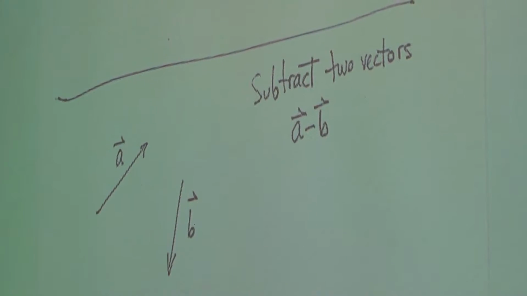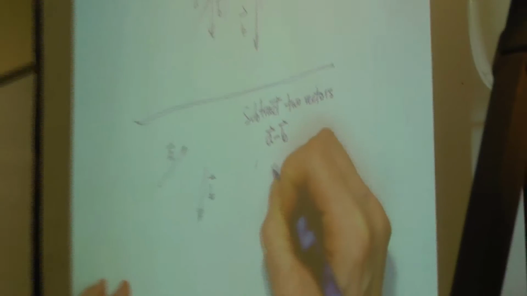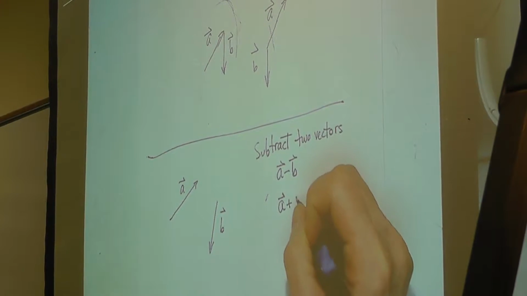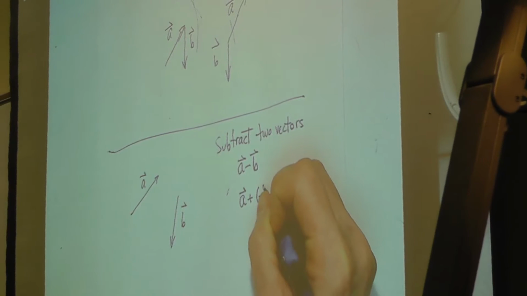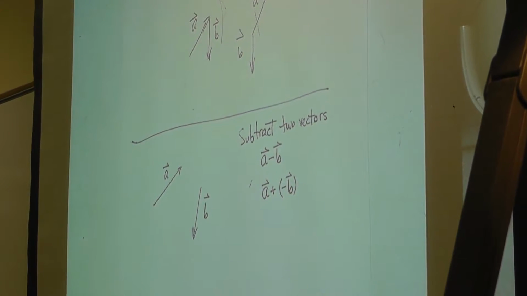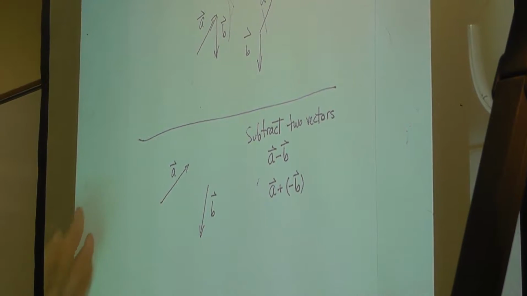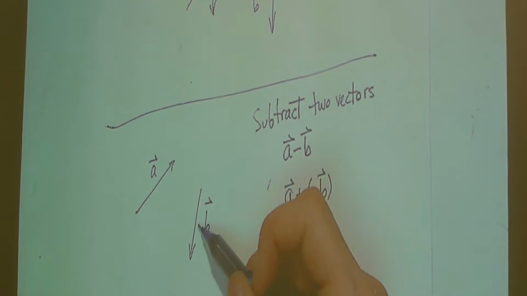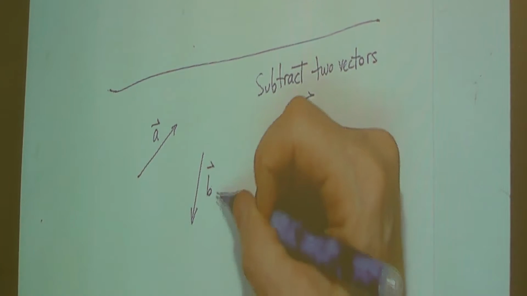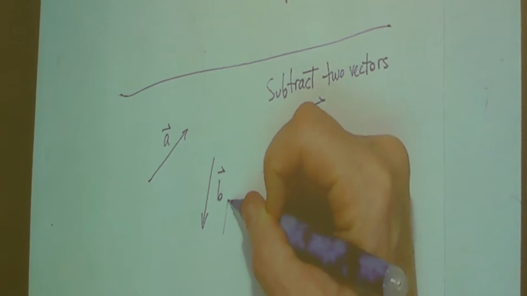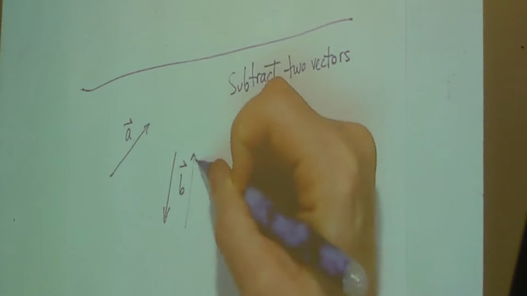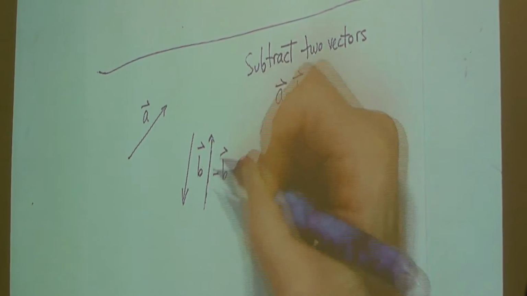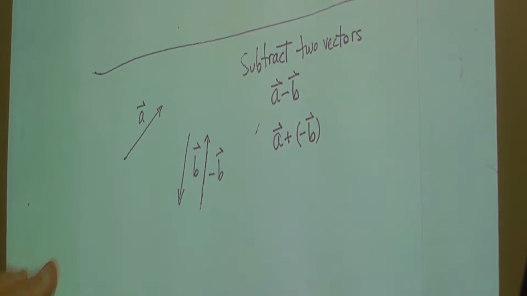I think the book does exactly what I'm going to do, and that is switch subtraction over to addition, because it doesn't matter the order when you add. So if this is B, if you'll recall, minus B has the same length but opposite direction.